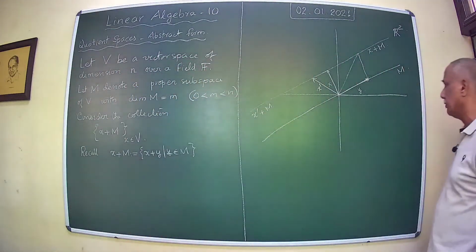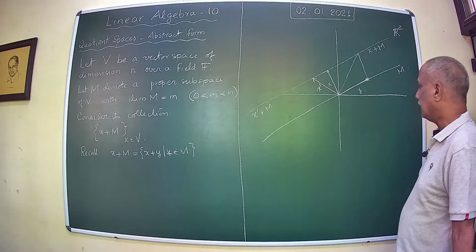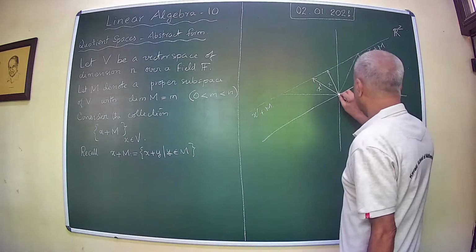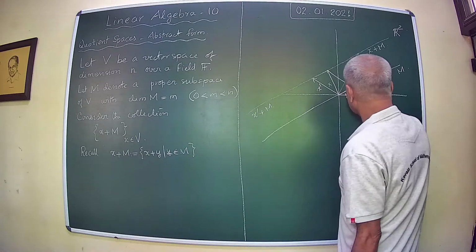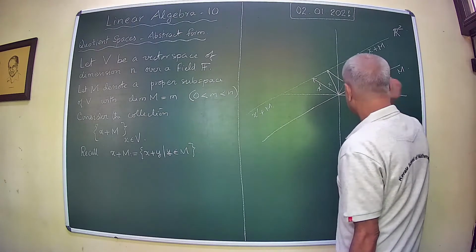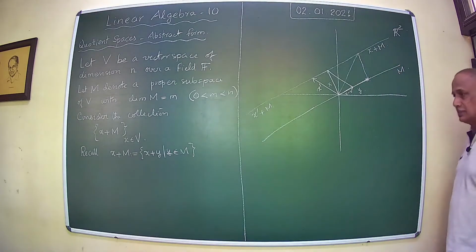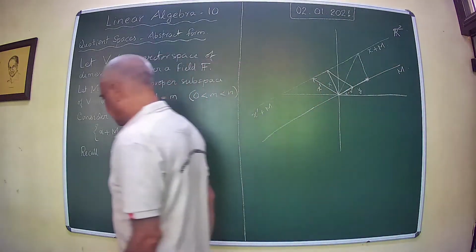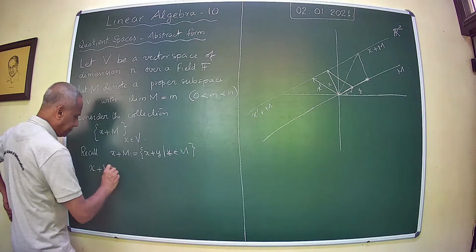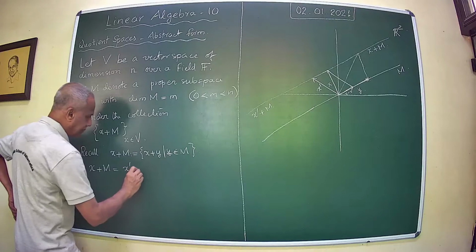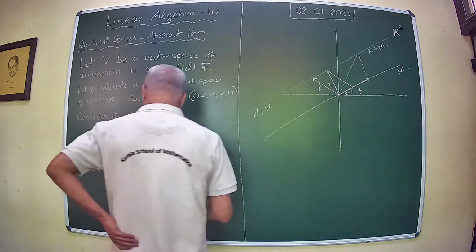This is what we have observed, that the relation between x and x prime is that x minus x prime lies in M. In fact, this is a necessary and sufficient condition. So first of all, observe that x plus M is equal to x prime plus M if and only if x minus x prime lies in M.